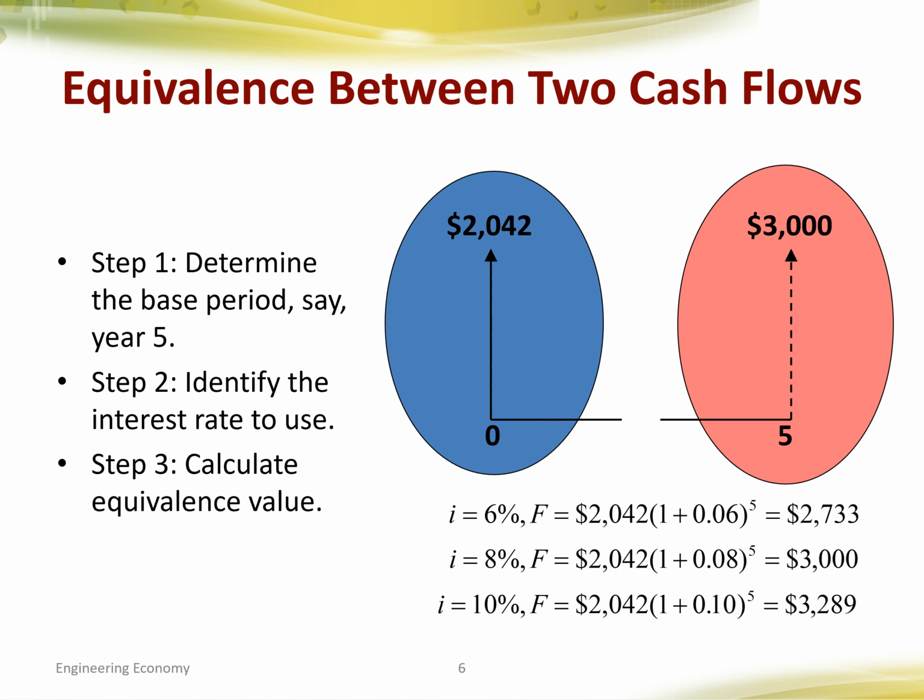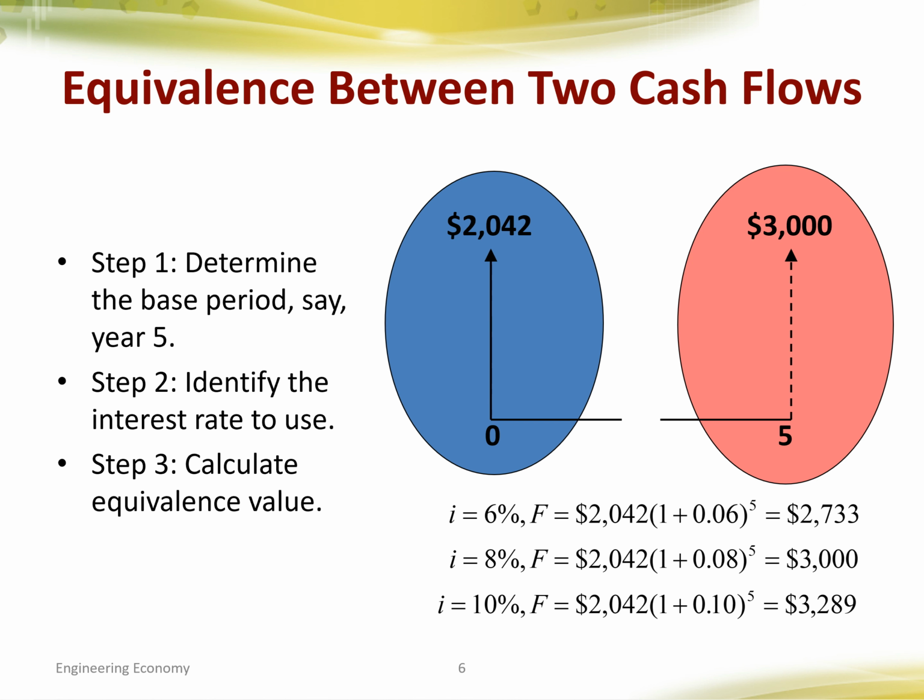Let's have a more detailed description of the steps. Let's just say we have two equivalent cash flows. If we want to convert them, first of all, we need to know the length of the period, the duration, and how far apart in time they are, so that we can convert to the future, or from the future convert to the present, or any time along the timeline.